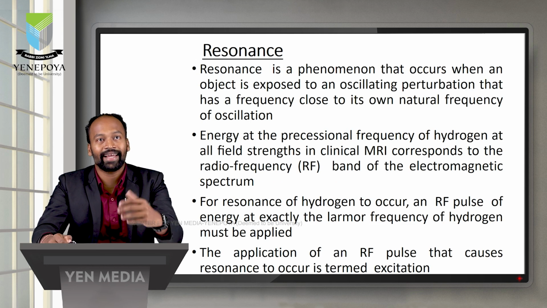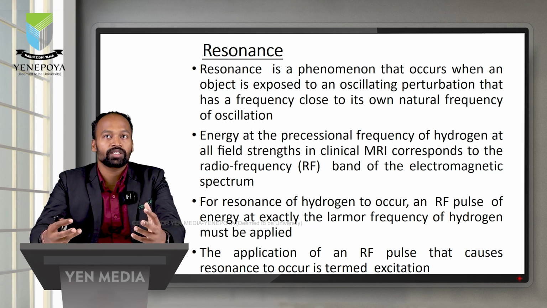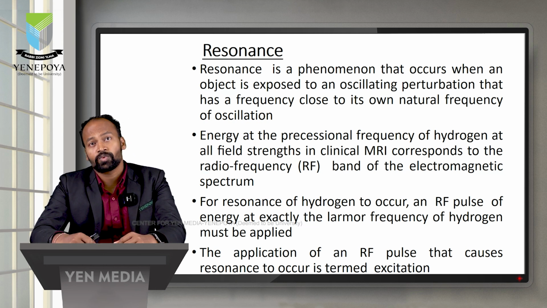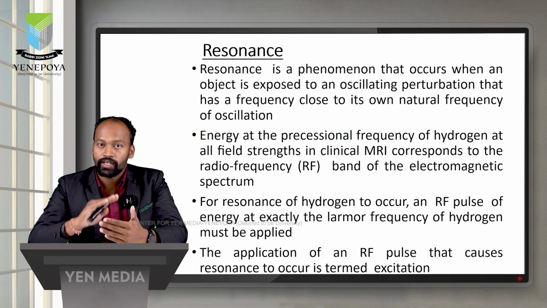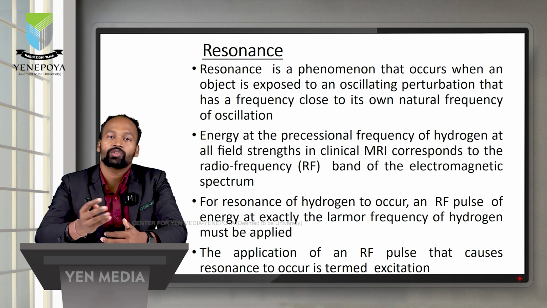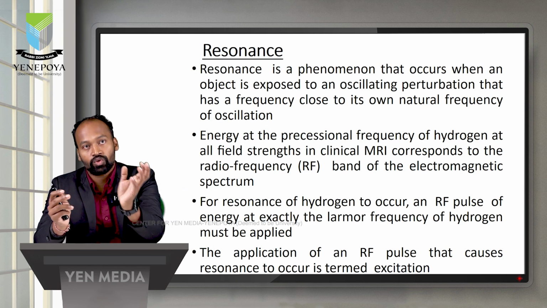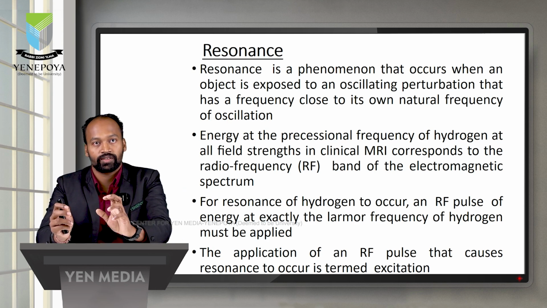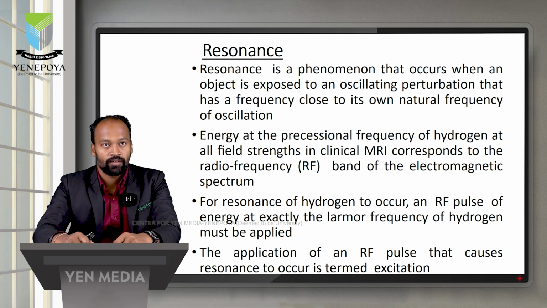Coming towards the next, that is resonance. Resonance is the phenomenon that occurs when an object is exposed to an oscillating perturbation that has a frequency close to its own natural frequency of oscillation. The hydrogen atom is already rotating, so if you give extra energy close to its own natural frequency, resonance will occur.